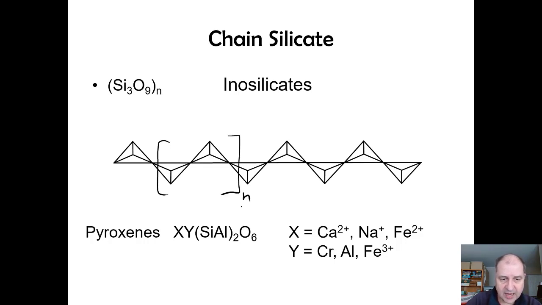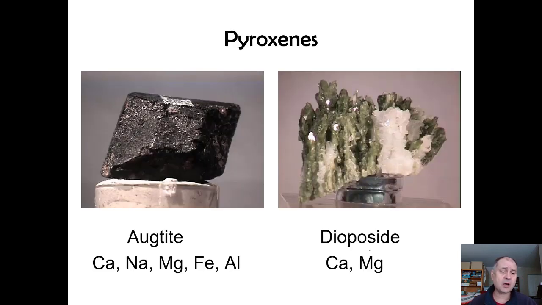This is the unit, and I've conveniently left the charges out, but obviously we still have 1, 2, 3, 4, so -4 per repeating unit. I'm not 100% sure, but obviously if we have anions, we need cations in the structure. I think I have examples here. Yeah, augite would be a chain silicate that has calcium, sodium, or magnesium, iron, or aluminum.